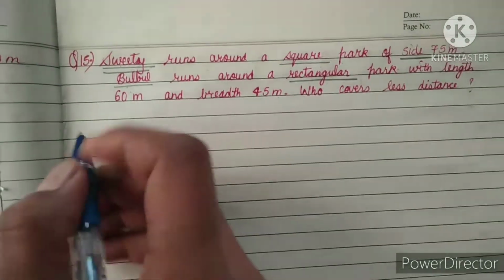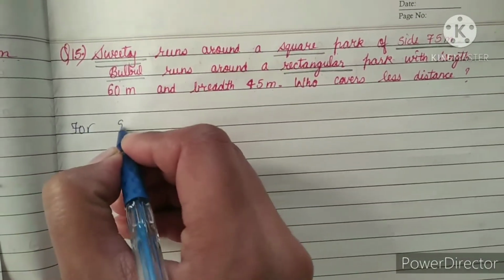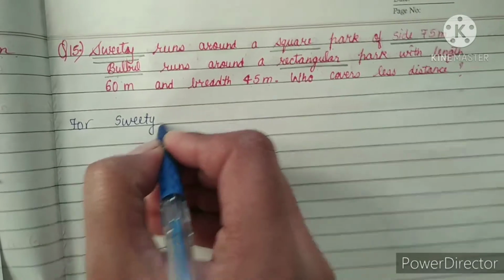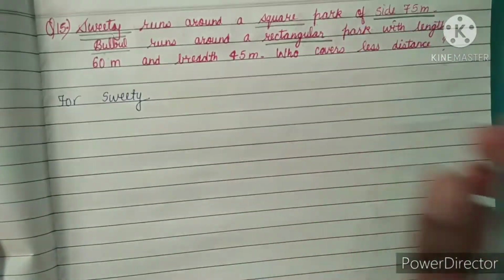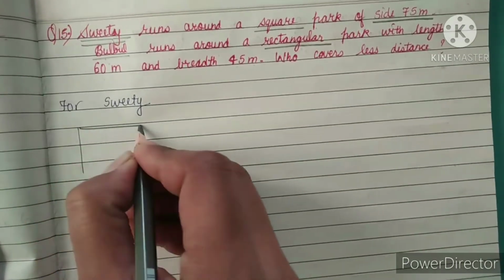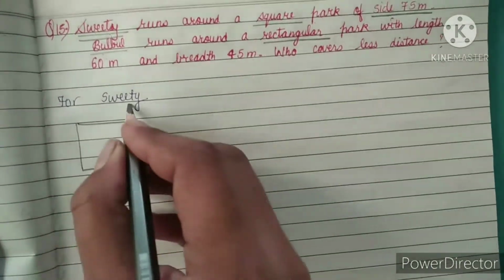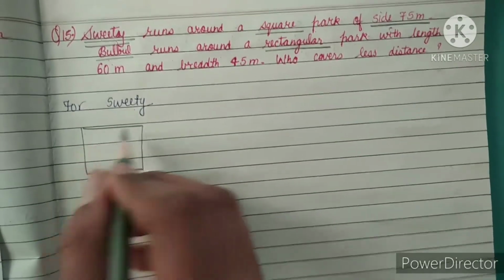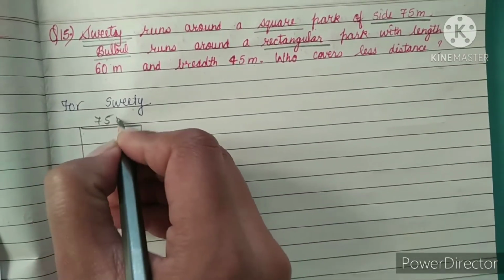So firstly we will do it for Sweetie. Sweetie is running around the square park. So firstly we will make here a square park, around which Sweetie is running. The side of the square park is 75 meter.